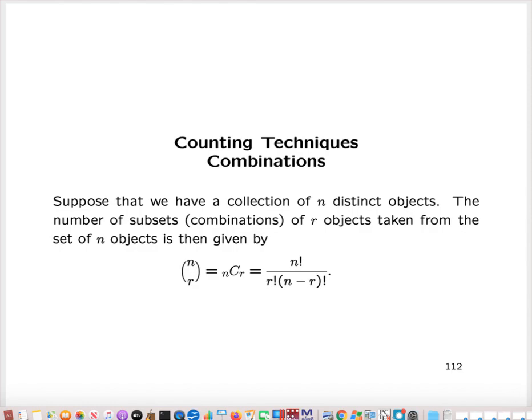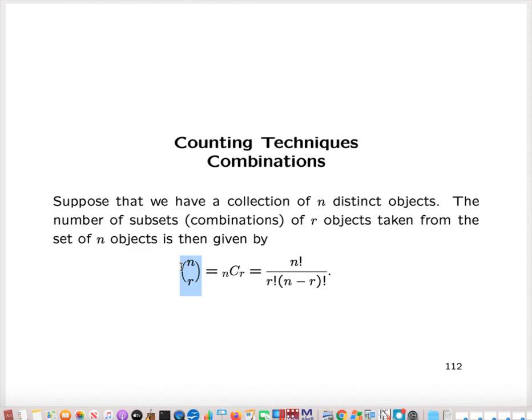So the number of subsets, or the number of combinations, we've got two different ways of denoting this. Now, this notation here is perhaps more prevalent. It's more commonly used. I'm going to use both of these pieces of notation, but this one is definitely the one that's more commonly used.